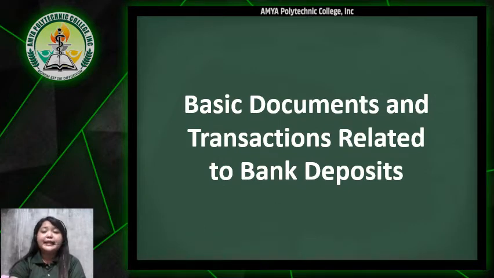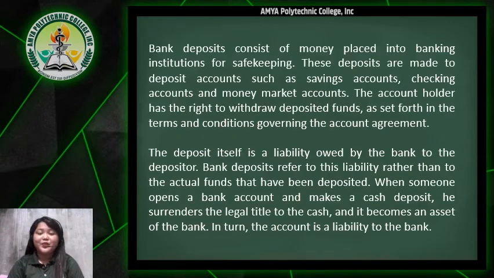So, basic documents and transactions related to bank deposits. Bank deposits consist of money placed into banking institutions for safekeeping. These deposits are made to deposit accounts such as savings accounts, checking accounts, and money market accounts.